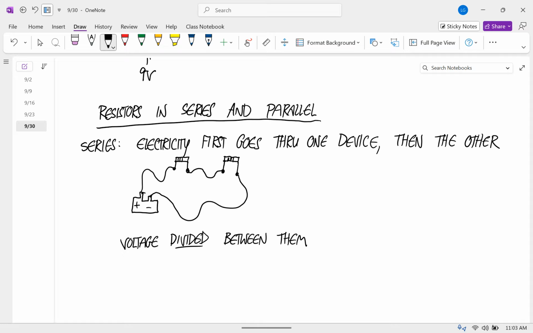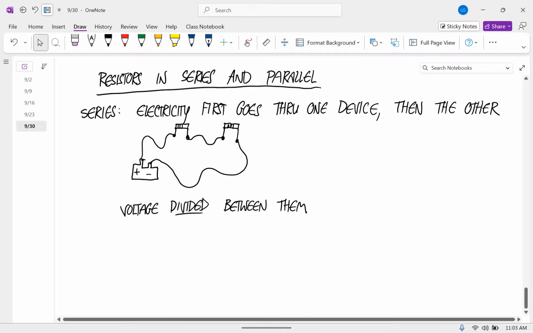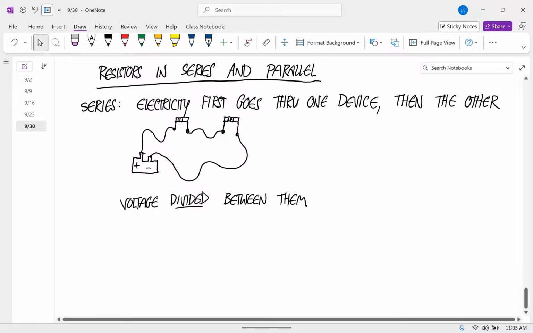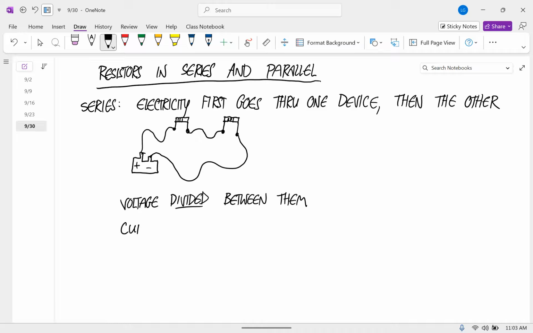You divide up the voltage between those two things. The current is the same through each resistor.